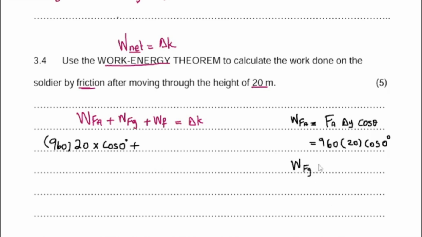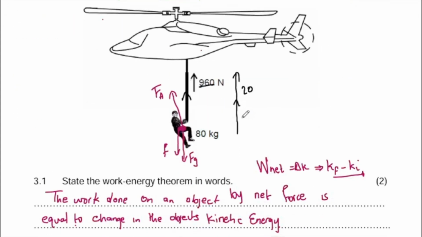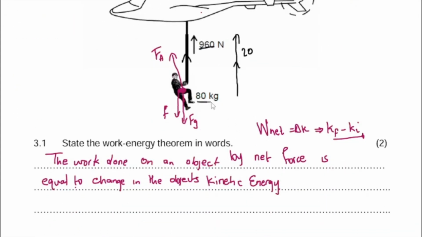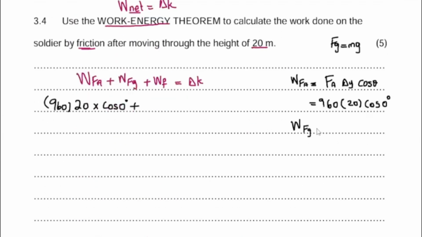Remember, Fg is equal to the mass multiplied by the gravitational acceleration. And the mass of the soldier was given as 80 kg. So Fg will be 80 times 9.8. So the work will be Fg times delta y times the cos of theta.